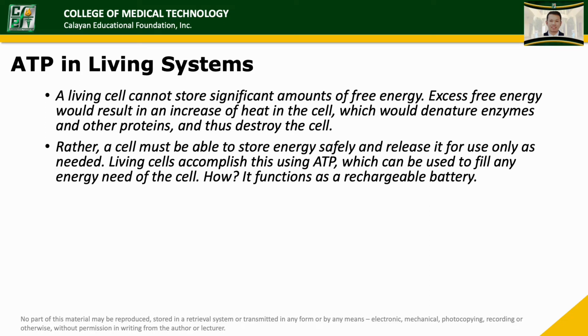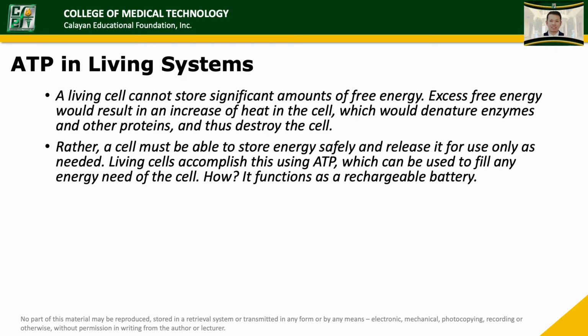Rather, a cell must be able to store energy safely and release it for use only as needed. Living cells accomplish this using ATP. The excess free energy I explained a while ago is energy in general, not referring to ATP. Free energy in general would result in an increase of heat in the cell, and that's why we have ATP, because ATP can be stored and will not lead to heat in the cell.